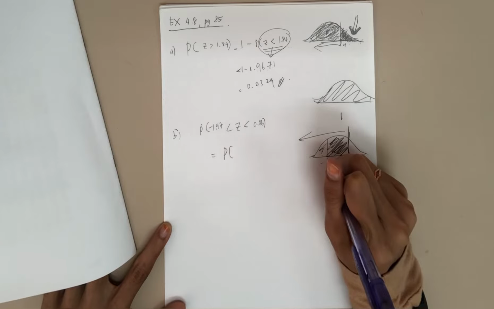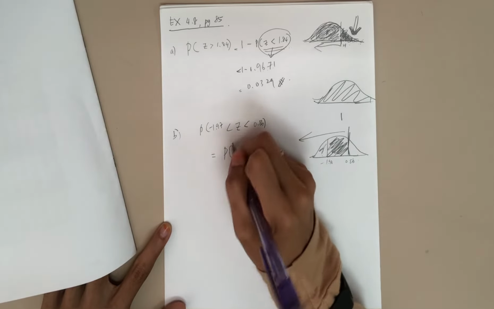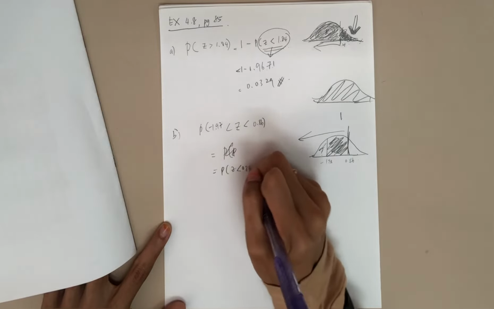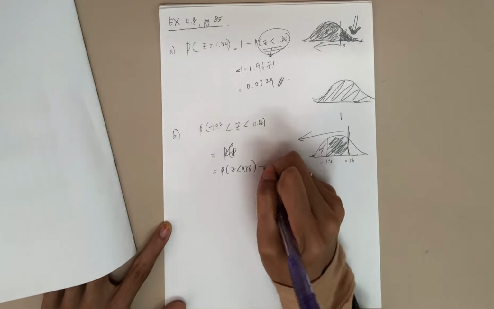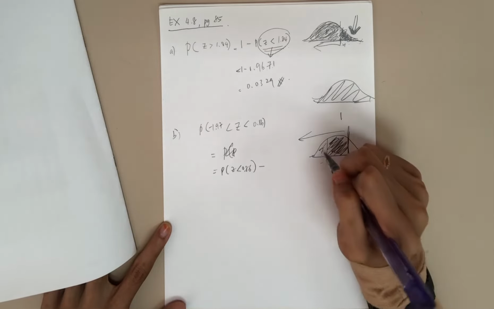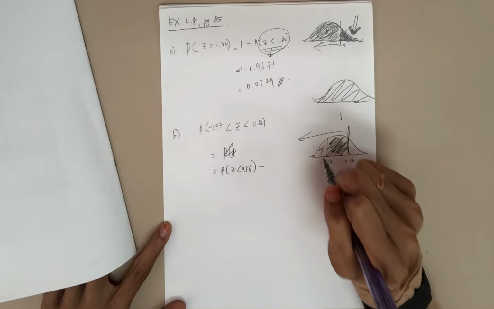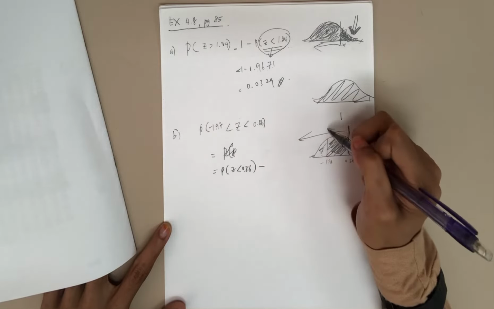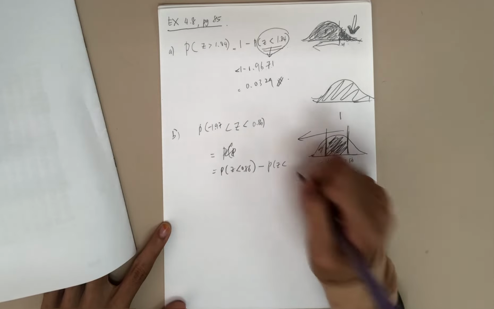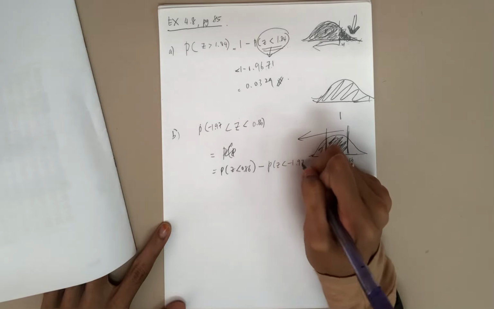What we do next is, I just write probability z less than 0.86, minus, you need to minus this area, because when you calculate this one, this area is included. But we don't want this area, so what we do next is we find the probability that z is less than negative 1.97.